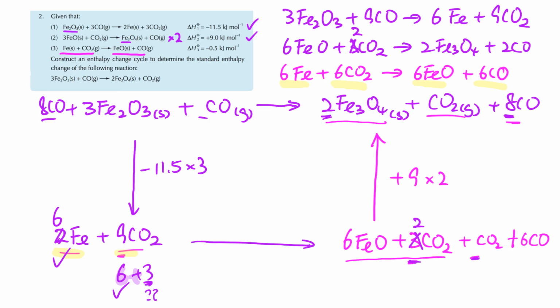So after that, you should have 6 FeO, 6 CO, leaving behind 3 CO2. Hooray! For the whole equation, we'll use this one, negative 0.5, and we run 6 times. So in total, the equation should be like this.